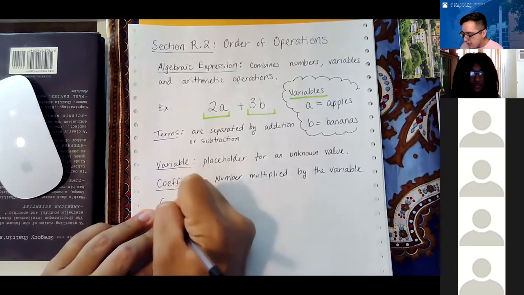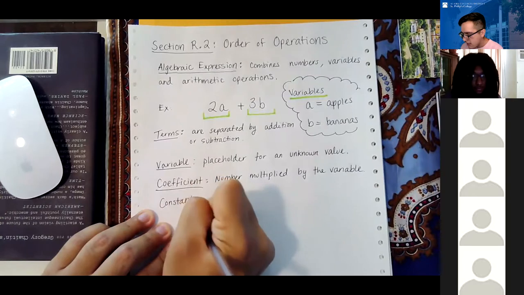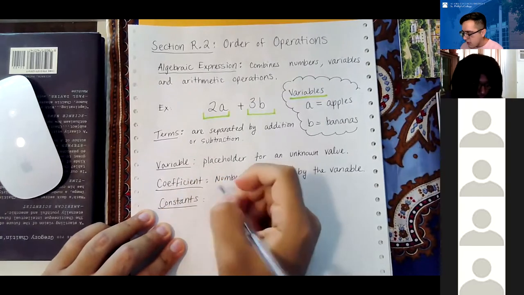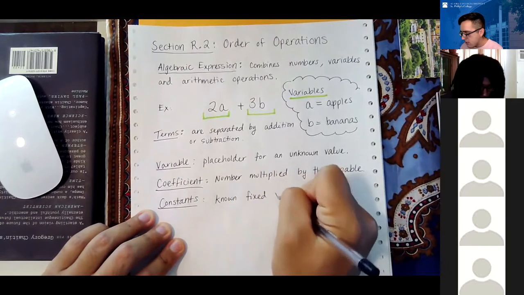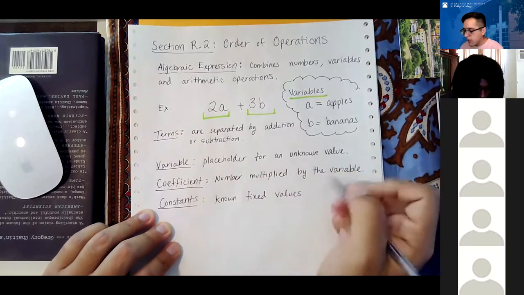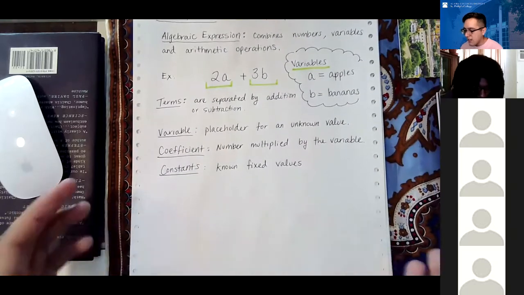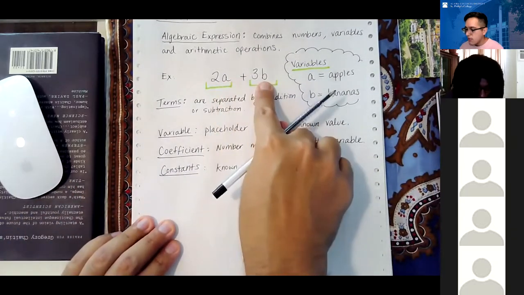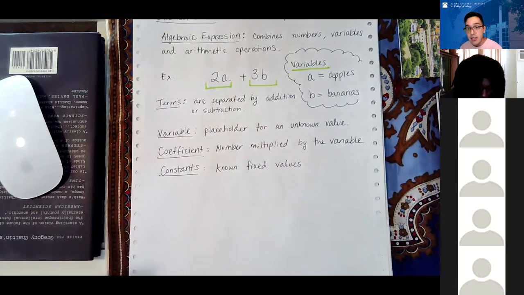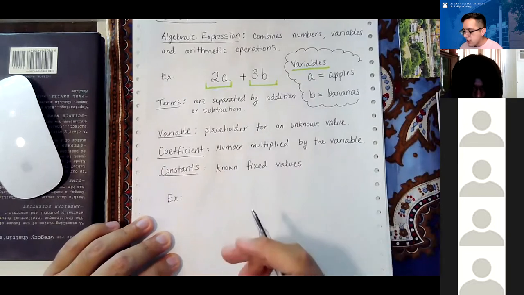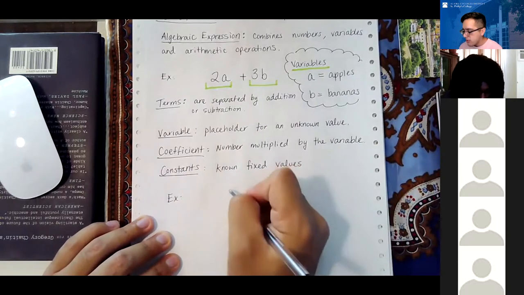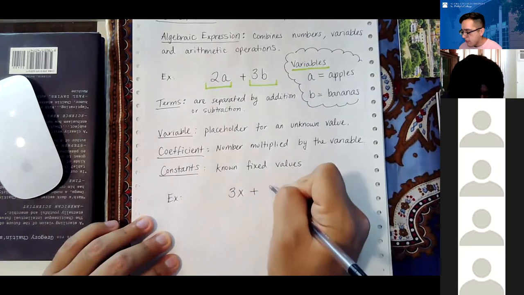Okay. Constants or constant terms are known fixed values. So let me give you an example of an algebraic expression that has a constant in it. Clearly, these 2 terms are both variable terms because they have a letter incorporated in them. So those are unknown values that would be given to you at some point. But an example of an algebraic expression that has a constant and variable terms would be like 3x plus 5.